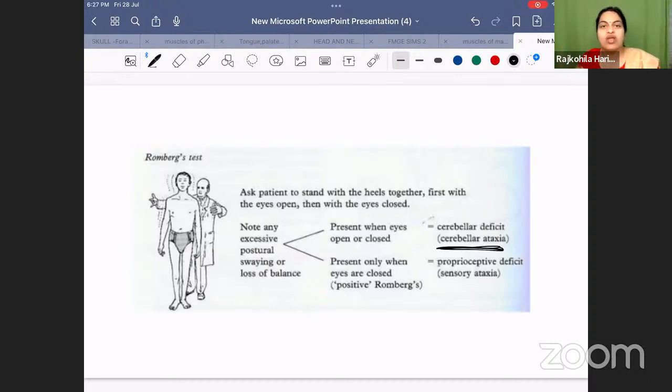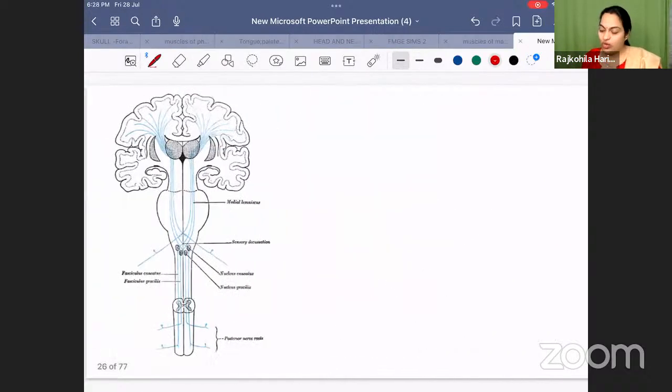What is proprioception? It's the sense of joint position. So in a posterior column lesion, the patient will present with swaying only with eyes closed. In a cerebellar lesion, please remember, there will be swaying of the trunk, and ataxia will be present even with eyes open. That's the main difference that I want you to note.